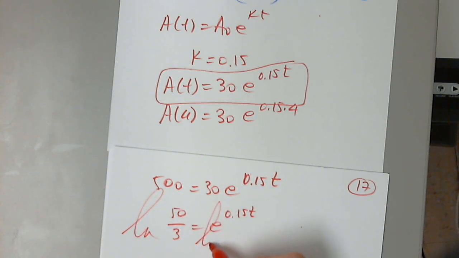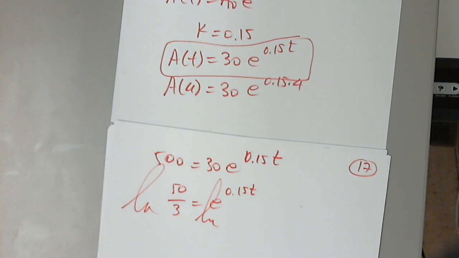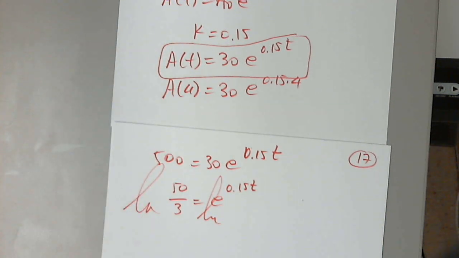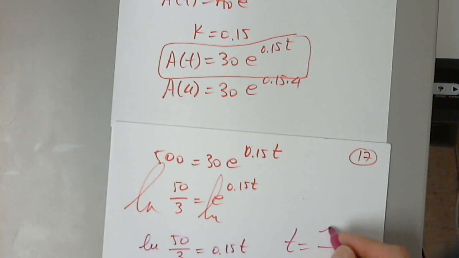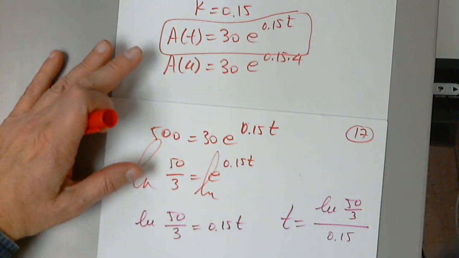And then we have no choice but to apply natural log to both sides. When we do that, we have natural log of 50 over 3 equals 0.15t, where t is natural log of 50 over 3 divided by 0.15. Now, be very careful. I caution you with how you put it in the graphing calculator.